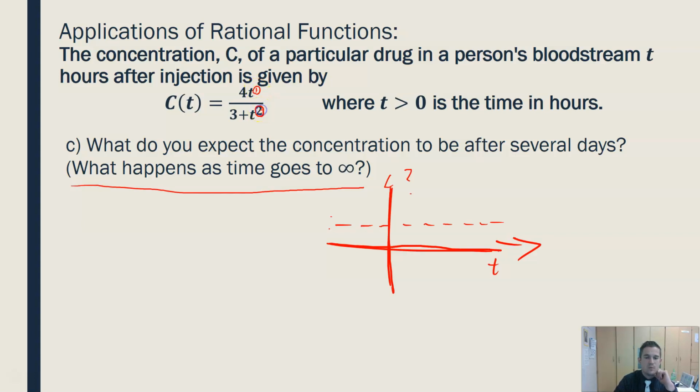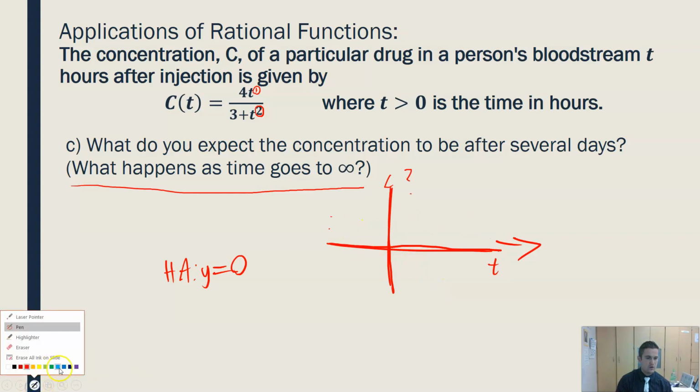I have one up here, two down here. When the largest exponent in the top is smaller than the largest exponent in the bottom, my horizontal asymptote is y equals 0. So my horizontal asymptote, let me change colors here, is going to be this line right here.